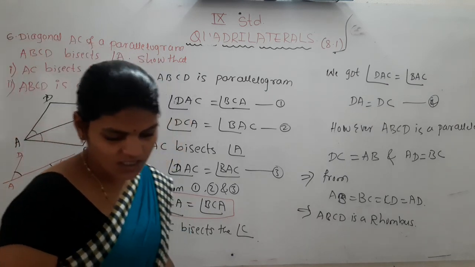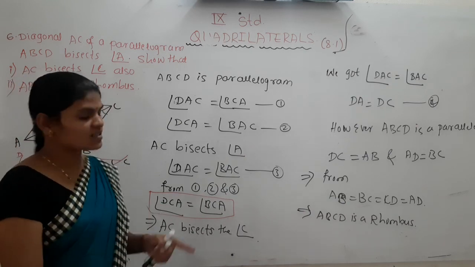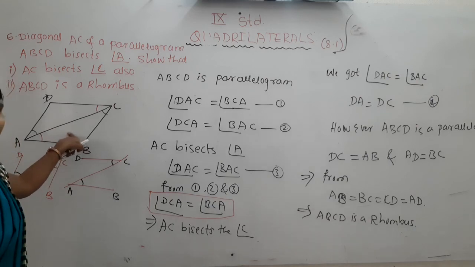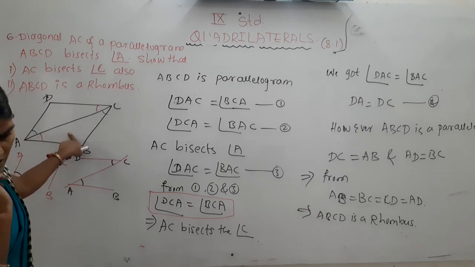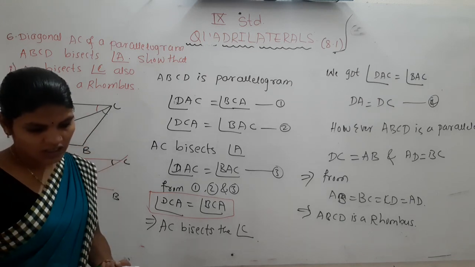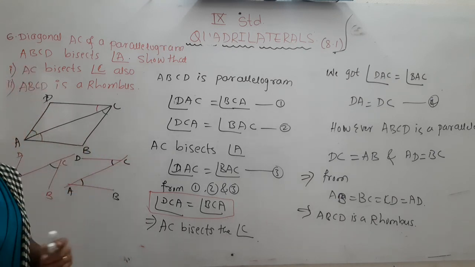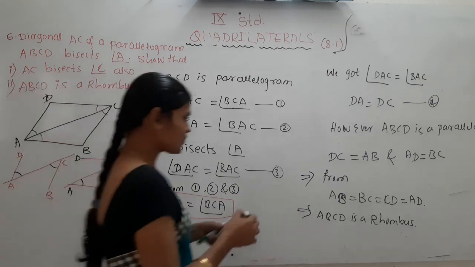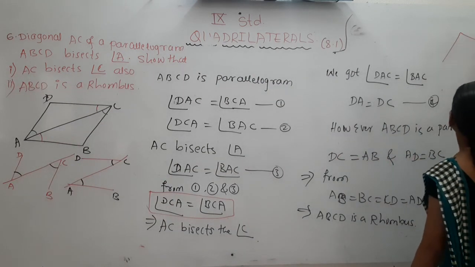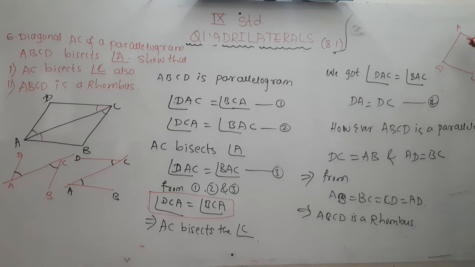ABCD is a rhombus, so the diagonal AC bisects the angle A as well as angle C, and diagonal BD bisects the angle B as well as angle D. Here A, B, C, D, and AC is a diagonal and BD is another diagonal.